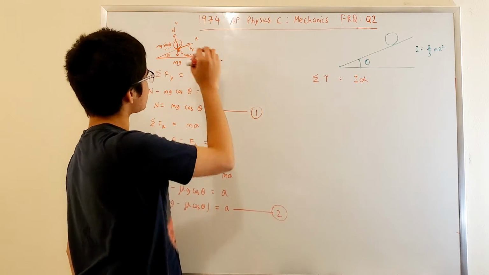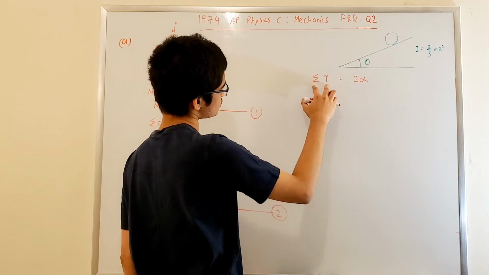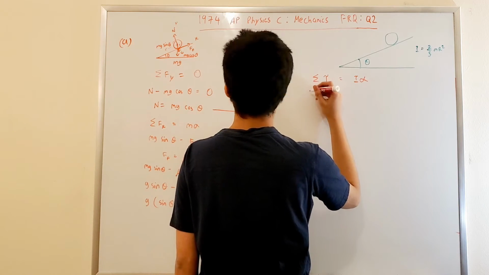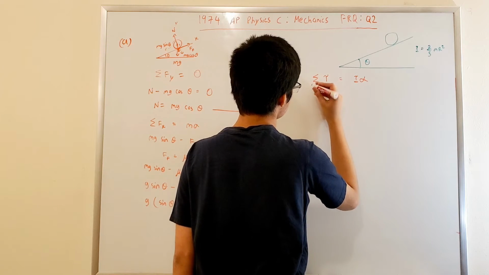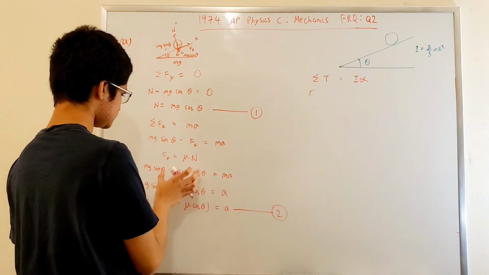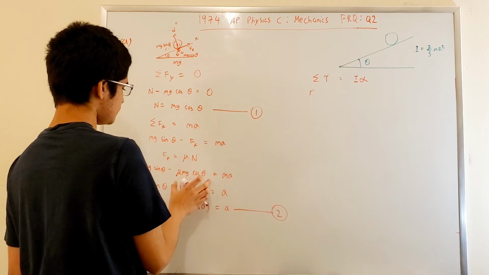The only force that's producing the torque is the friction. So our sum of torques is going to be equal to r times the force of friction, which was mu mg cosine theta.